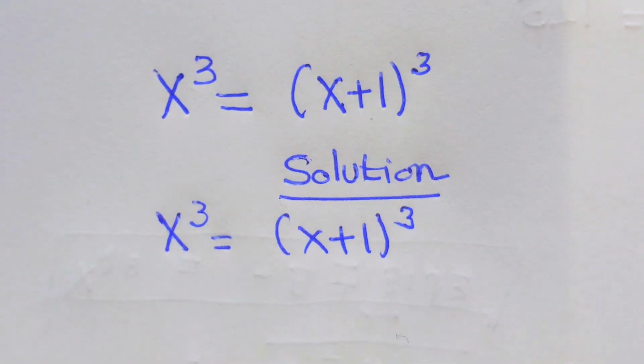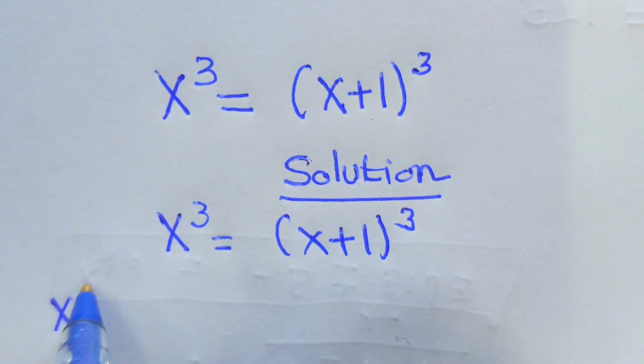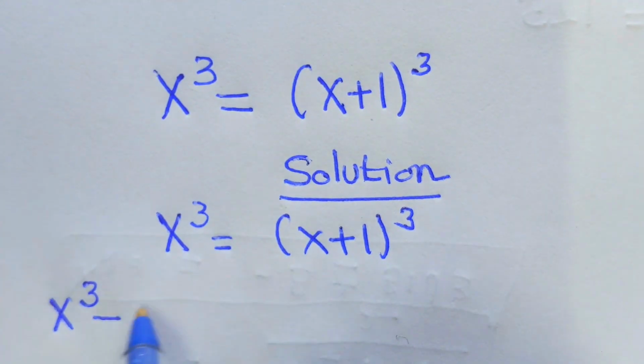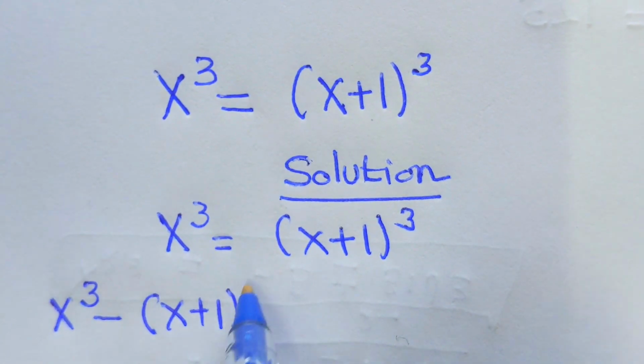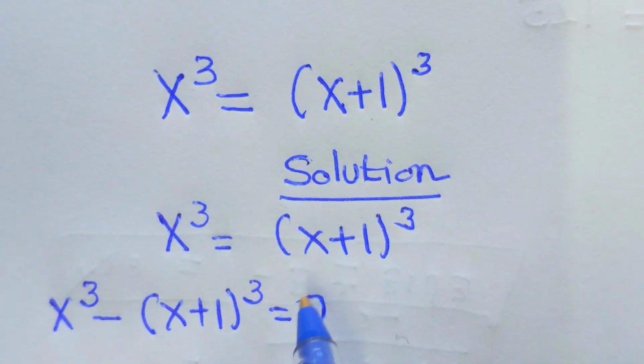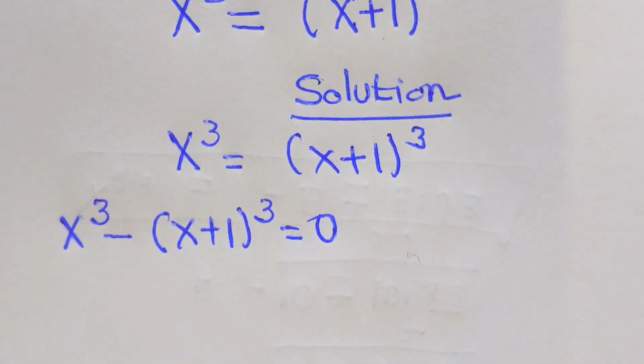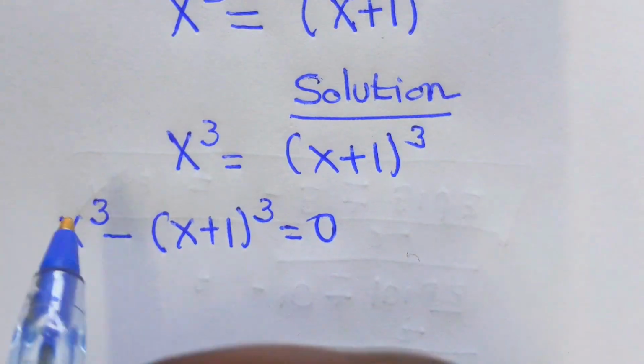Right, so here we are going to collect like terms, so we shall say x^3 minus (x + 1)^3 equals 0. Here we are going to use this formula.